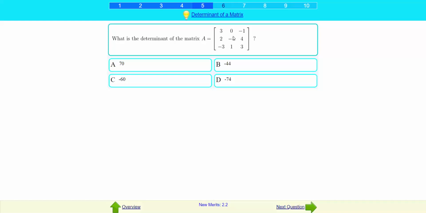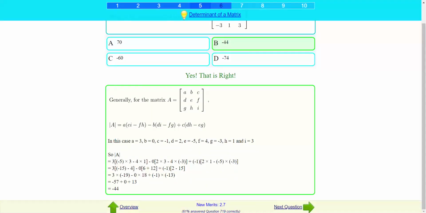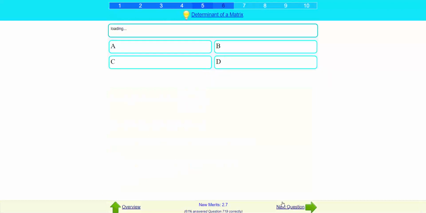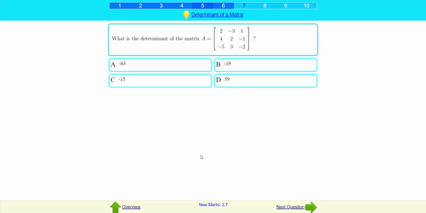If we subtract it, we'd have minus 44. That's the determinant. So we got A, B, C, D, E, F, G, H, I. This is also really important. We have A, B, C, and then we solve accordingly. Basically what we've done. Alright, so do we need to do another one? Let's do another one.